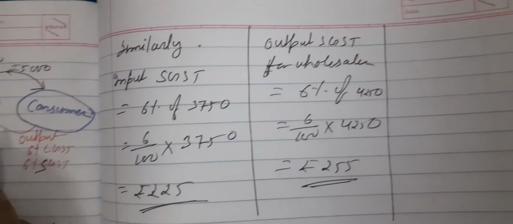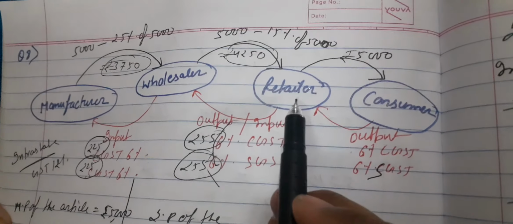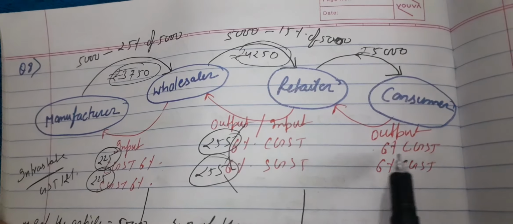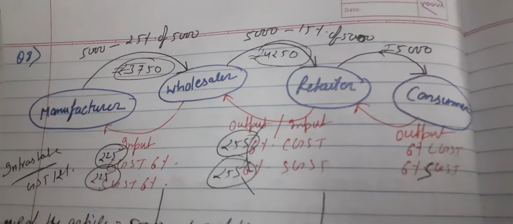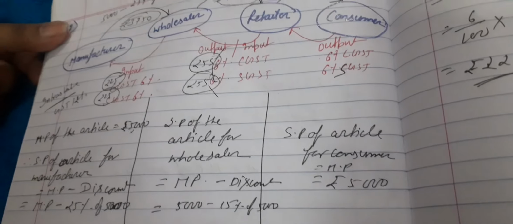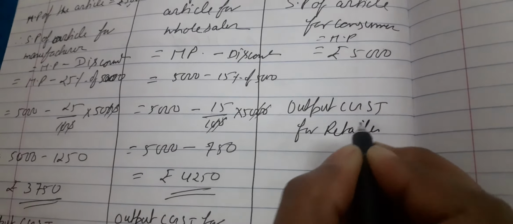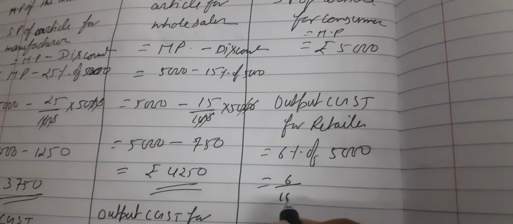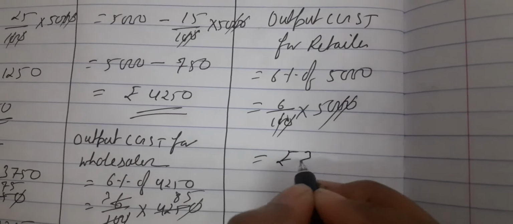Now please show the diagram. The dealing between retailer and consumer. Consumer will pay 5000 rupees for the article and 6% CGST on this amount, and 6% SGST on this amount. So we are going to solve that. Output CGST for retailer is equal to 6% of 5000, that is 6 upon 100 into 5000, 0 cancel, so this is rupees 300.